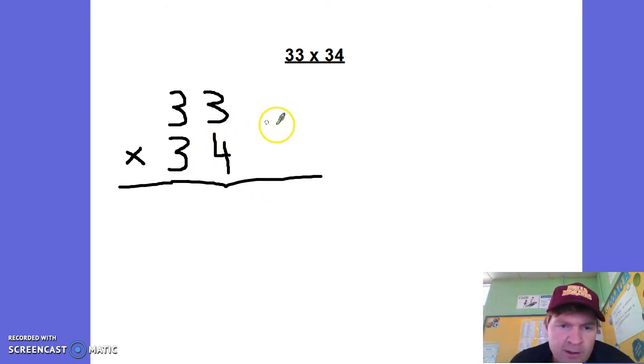Alright, the first thing we're going to be doing here is multiplying our 4 1s by the 3 1s and the 3 10s. That's the first thing we're going to do.